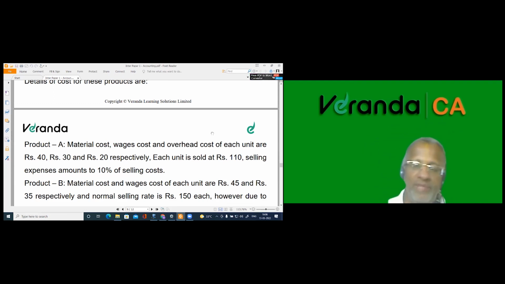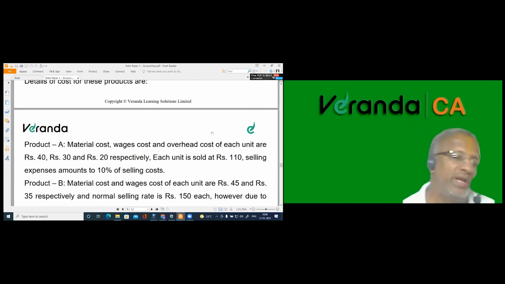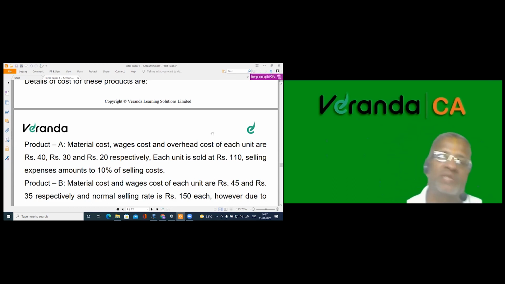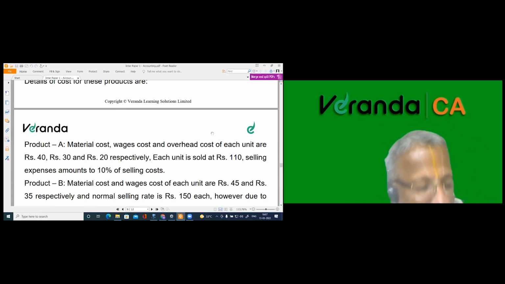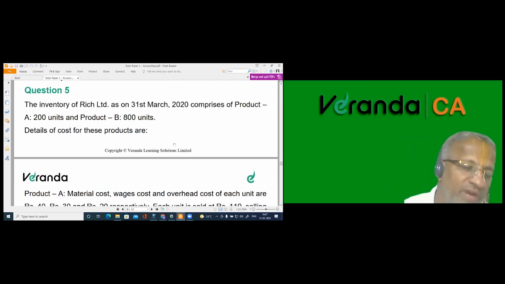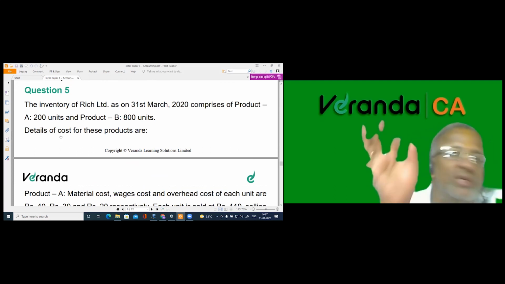Under Ind AS 2, cost or NRV, whichever is lower, is applicable for finished goods, and this is finished goods. So it costs 90 rupees to manufacture. The NRV is 110 minus 10, that is 100. 90 or 100, whichever is lower, is 90. So 90 multiplied by 200 gives 18,000 as the value for product A.